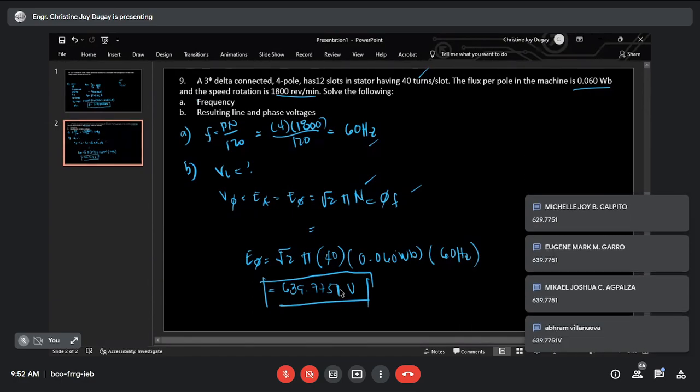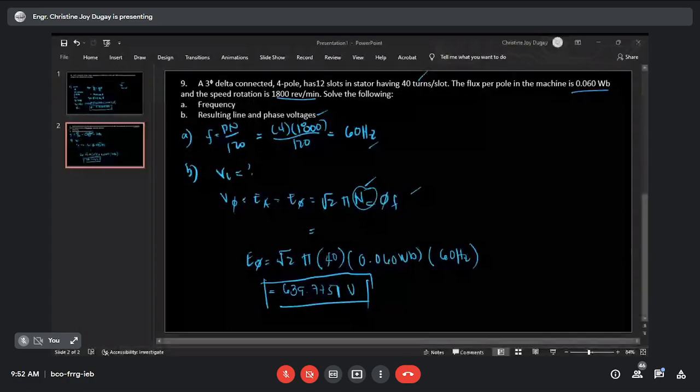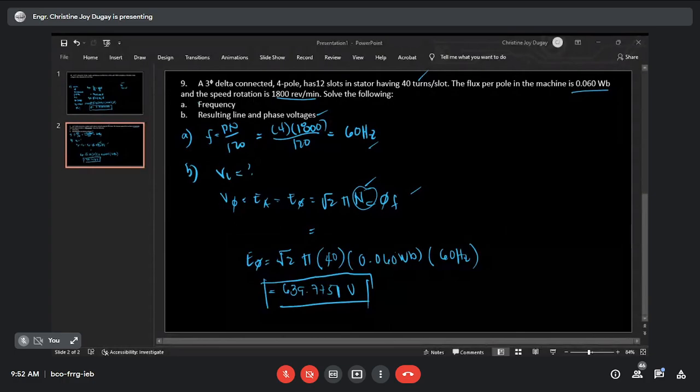Hindi po ba 40 times 4 yung NC natin, ma'am? NC. So if you're going to consider NC, ano ba ang definition ng NC natin? Number of slots per phase po ba yun, ma'am? Number of turns per phase po. Per phase. Ano yung nakalagay dyan? Kung kukunin mo yung per slot niyan, edi buo na yan, di ba? Wherein ang ginamit natin is 40 turns. Kasi kung i-multiply mo pa yan ng 12 slots, ibig sabihin yung buo na yun na turns.